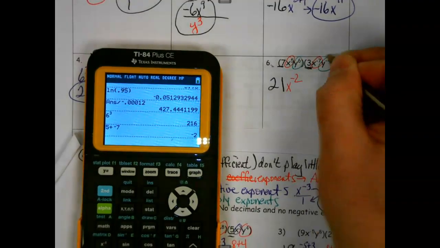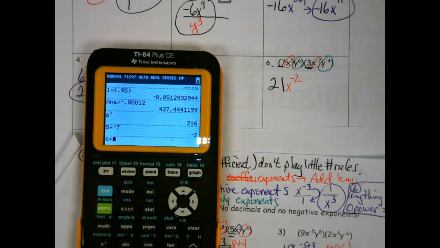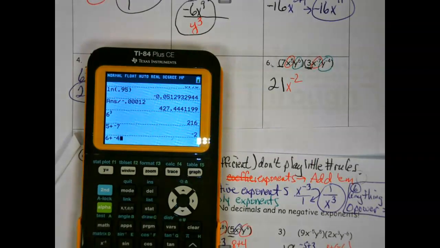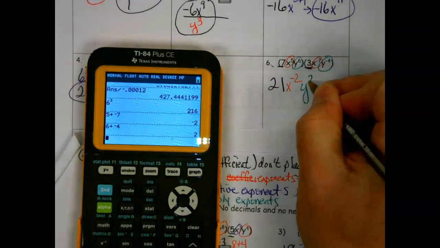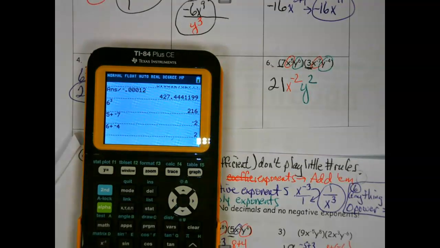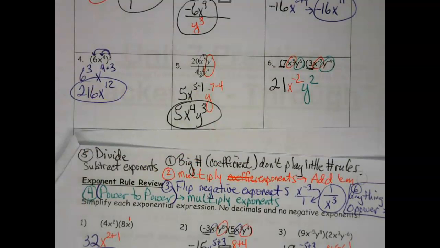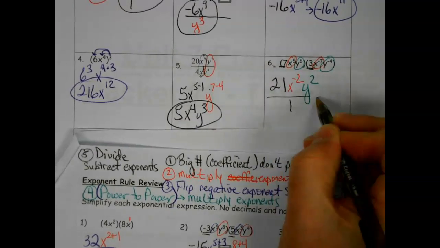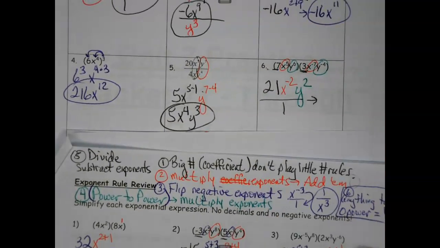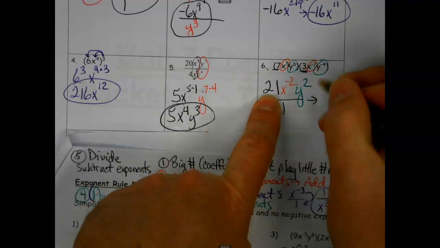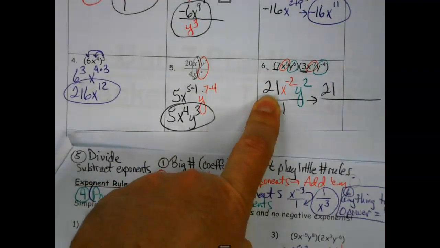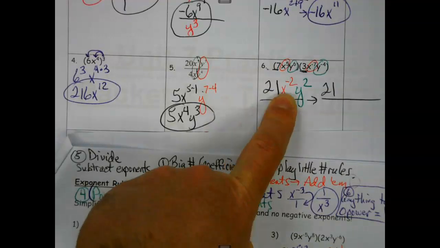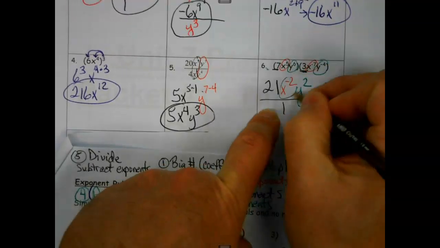And then I do the same thing with my y. 6 plus negative 4. You're like, could I do 6 minus 4? You could. I get y to the second. Now, if all the exponents were positive, I'd be done. I'm good. But they're not. So we got to fix that. 21 is behaving itself. Leave it alone. X to the negative second is not behaving itself.